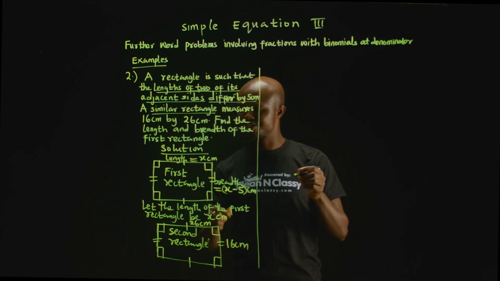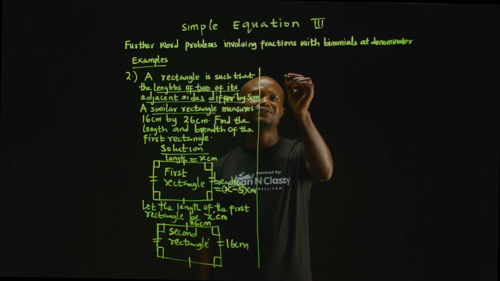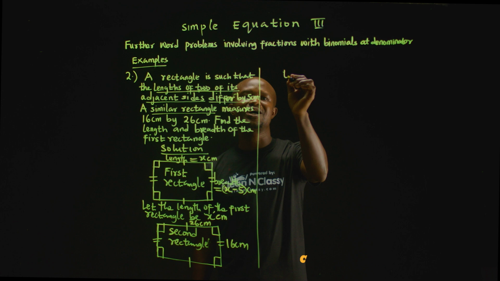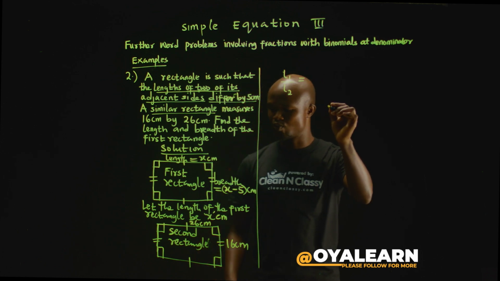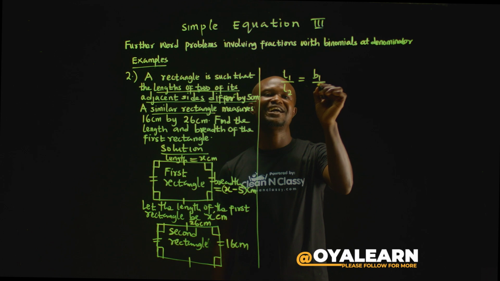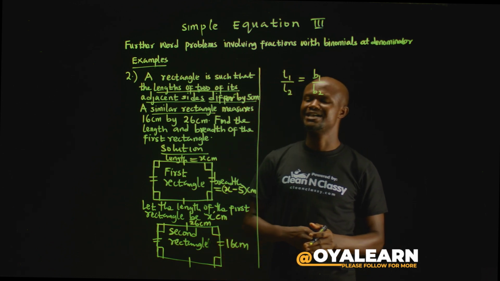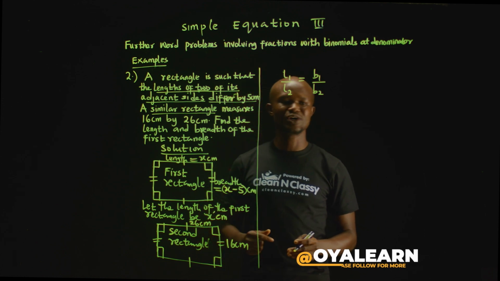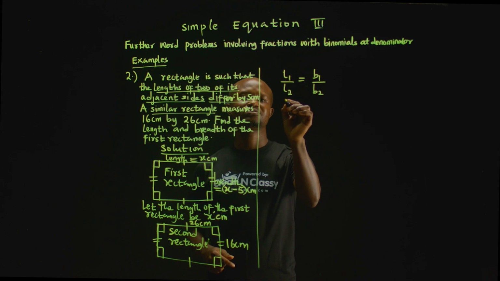The principle of similar shapes states that, let's say the length of the first rectangle is L1, then L1 divided by the length of the second rectangle must be equal to the breadth of the first rectangle divided by the breadth of the second rectangle.